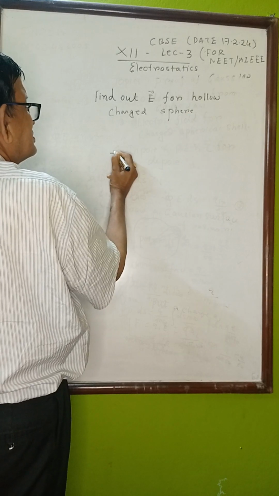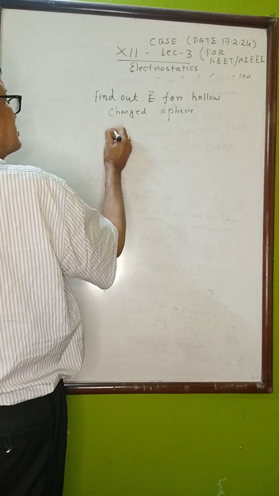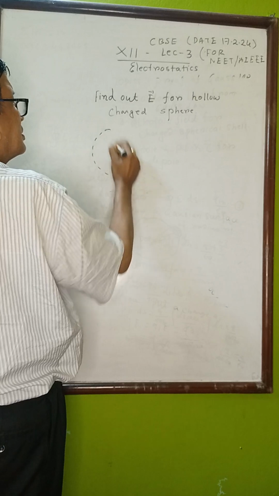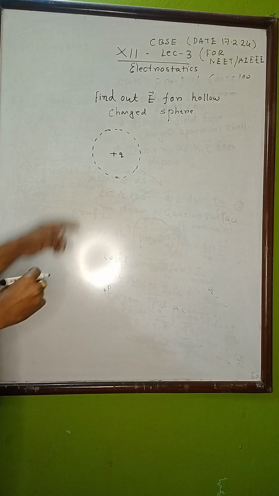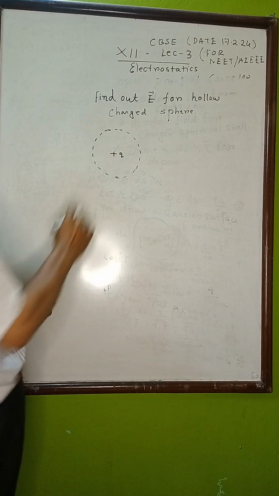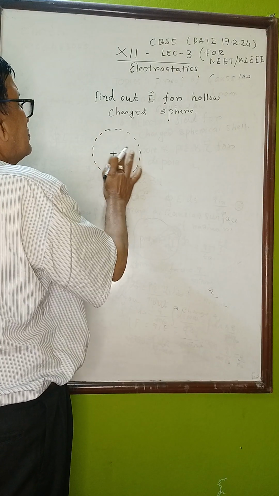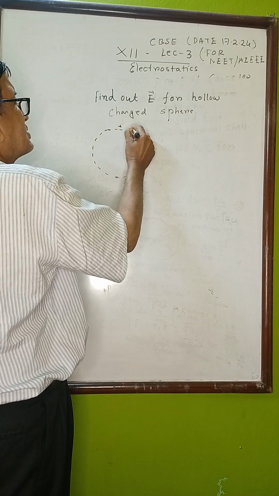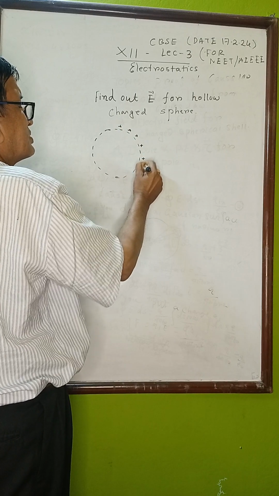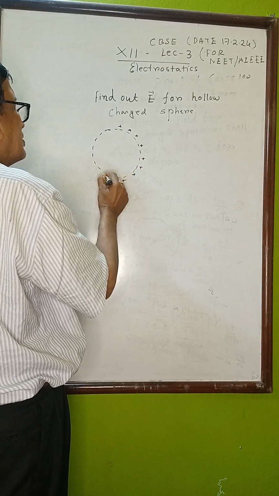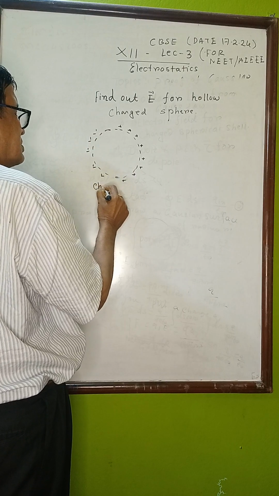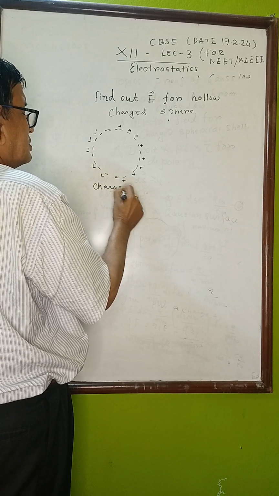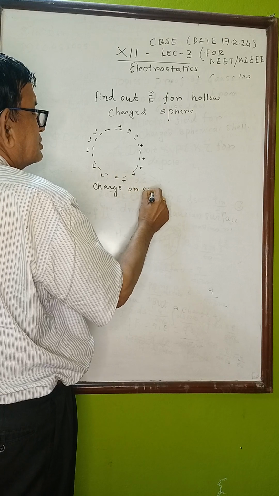First, there is a charge Q. You consider a hollow sphere. Now there is a charge Q on the hollow sphere. So if it is a positive charge on a hollow sphere, all the charge resides on the surface.